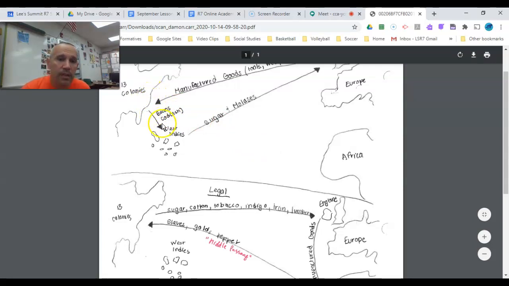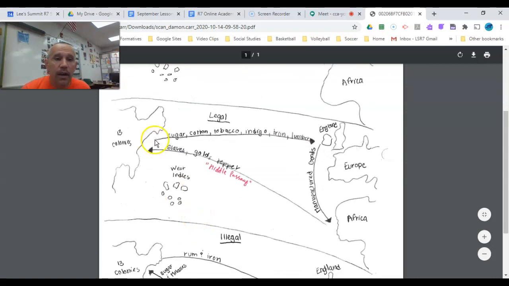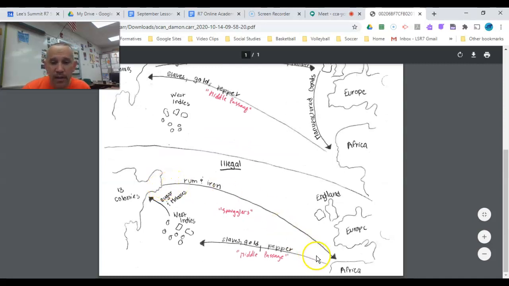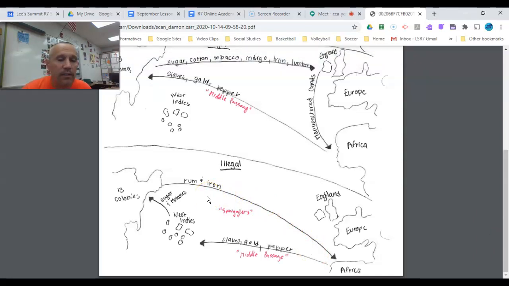So in this trade route, it's beans and cod. In this trade route, it's cotton, tobacco, indigo, iron, lumber, fur, corn, things like that. And then from this trade route, it's rum and iron. So again, the colonies were so plentiful in what they had to offer that they sent all kinds of things to all parts of the world.